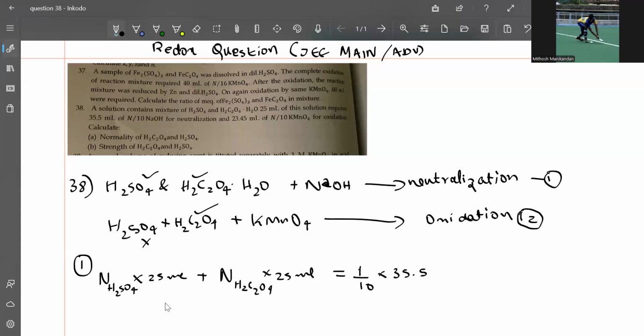So you get N of H2SO4 plus N of H2C2O4 equal to 35.5 divided by 250. So this is the addition of normalities. Keep this as equation 3. We'll come back to this.